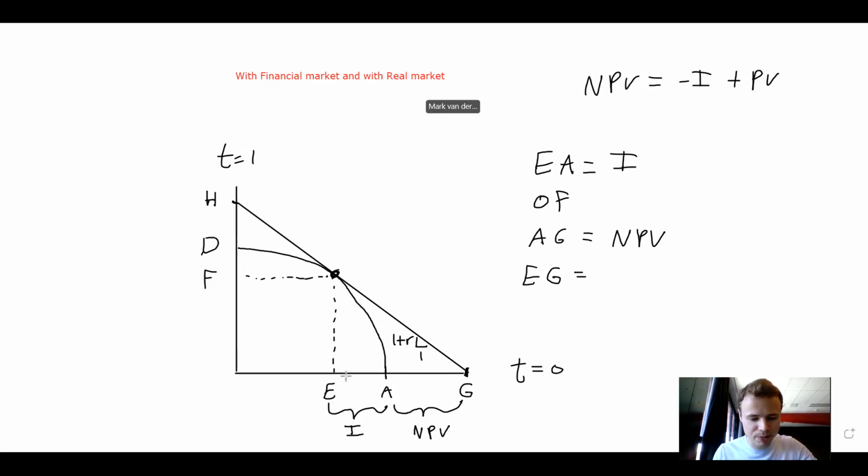So to be more precise, this here is the investment. This here is the net present value. What is the red plus the blue line? Do you guys have an idea? So red plus blue. Does anyone know it?